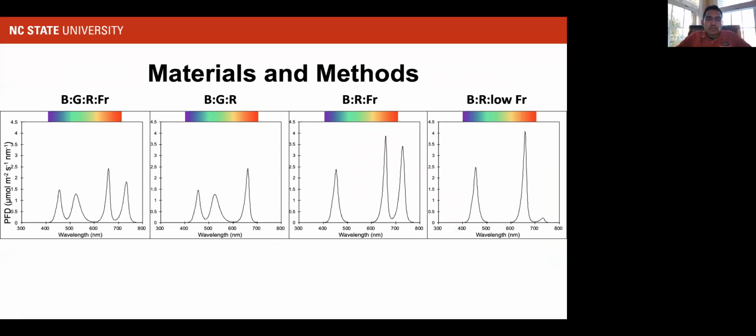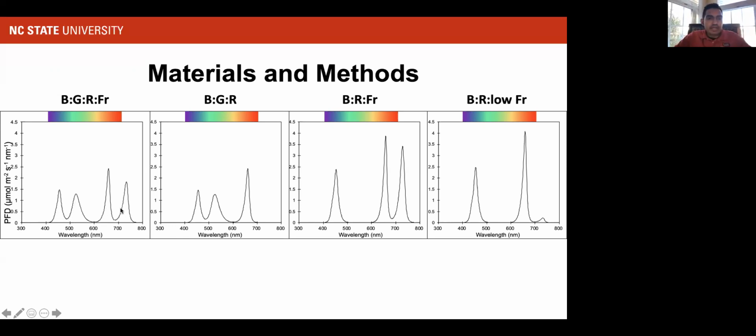So we decided to test this based on the previous research that we saw on lettuce bolting. And we decided to test a knockout approach. Let's take some wavelengths out of the spectrum and see which of the wavelengths has the most contribution towards lettuce bolting. So here you can see this, I call this a control. You have blue, green, red, and far red, all of them more or less with the same ratio.